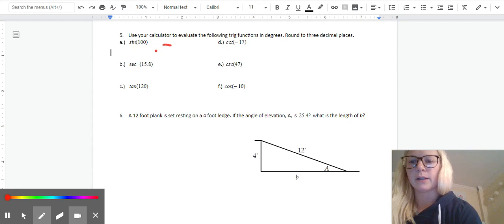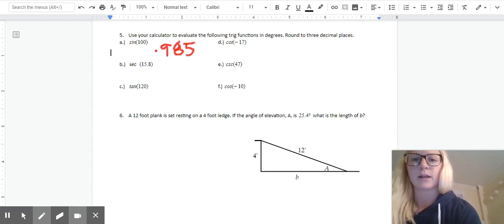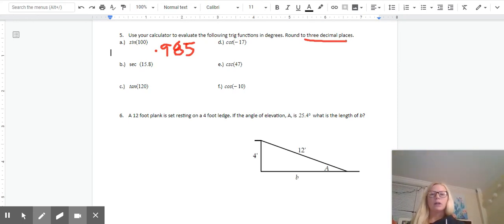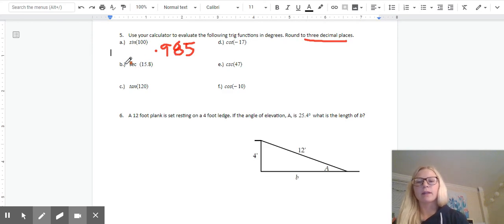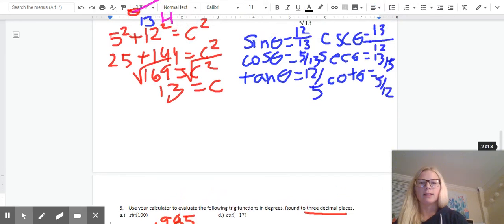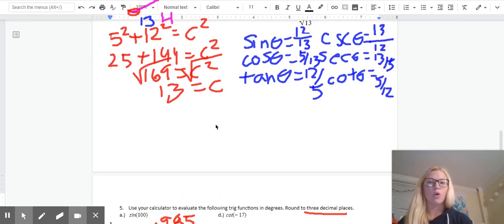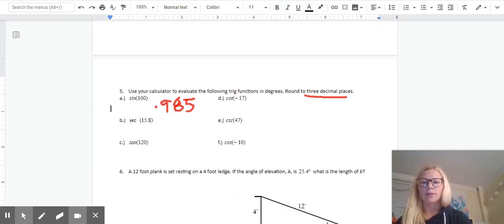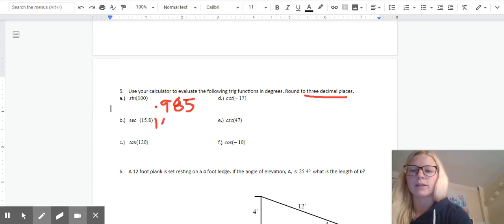0.985, because it says 3 decimal places, so always round to whatever it says. What if you have something like secant? If we go back up here, secant goes with cosine. It's the flip of cosine, so it means 1 over cosine. So secant of 15.8 would be 1 divided by the cosine of 15.8.